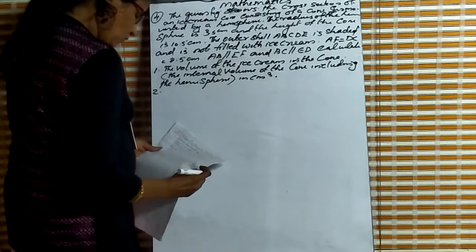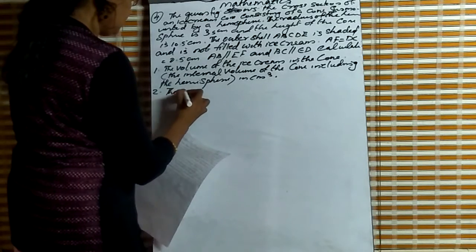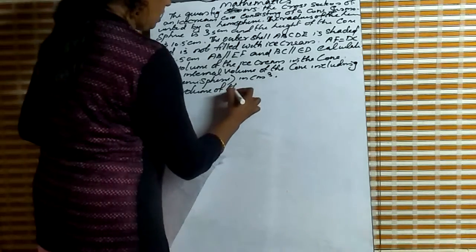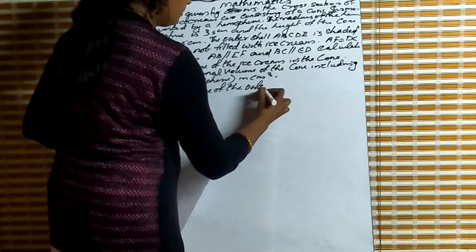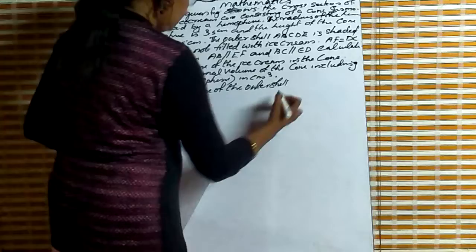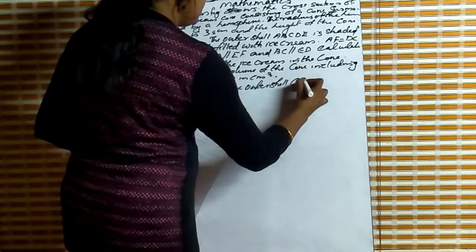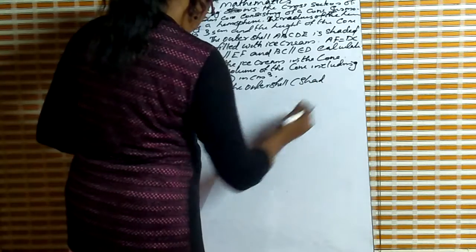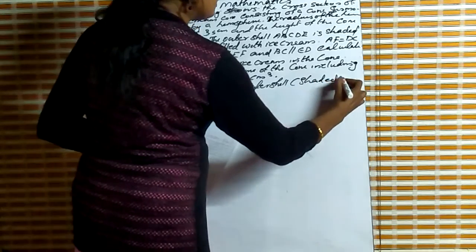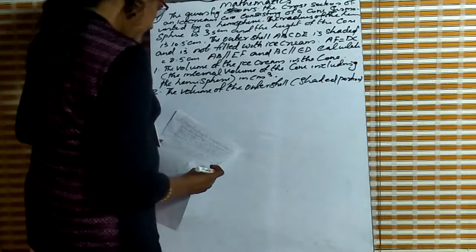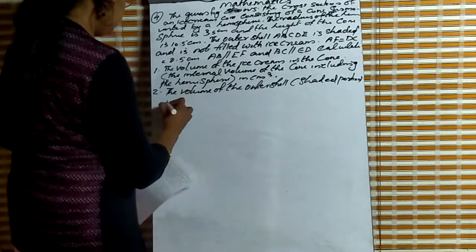Second question, the volume of the outer shell (shaded portion) in centimeter cube.